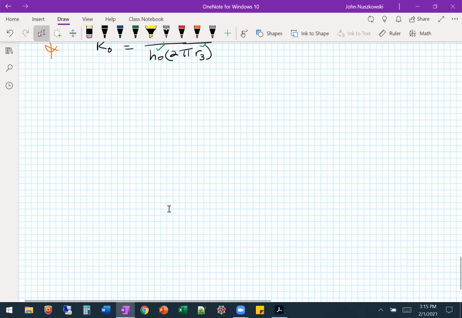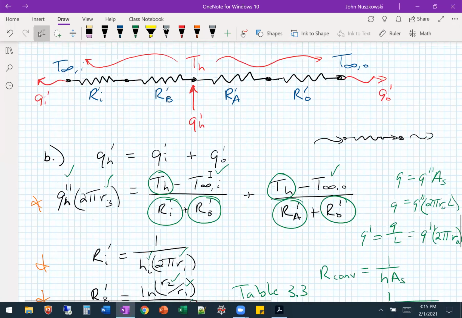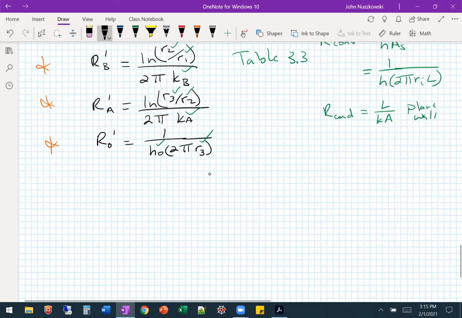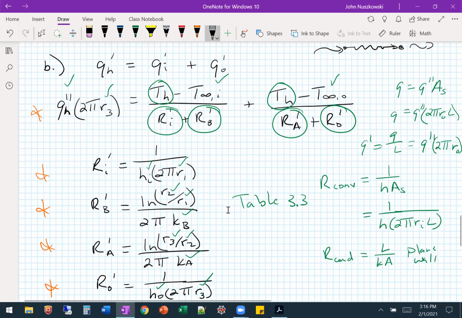Then we have part C. Part C is this ratio, Q outer over Q inner, and it's just a rearranging.